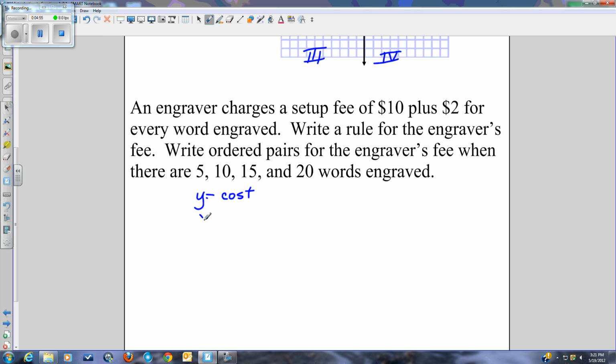And let's use X for the number of words. So to write our rule, we would have y is equal to, well, they charge $10 right up front, plus $2 for every word engraved. So that would be 10 plus 2x.